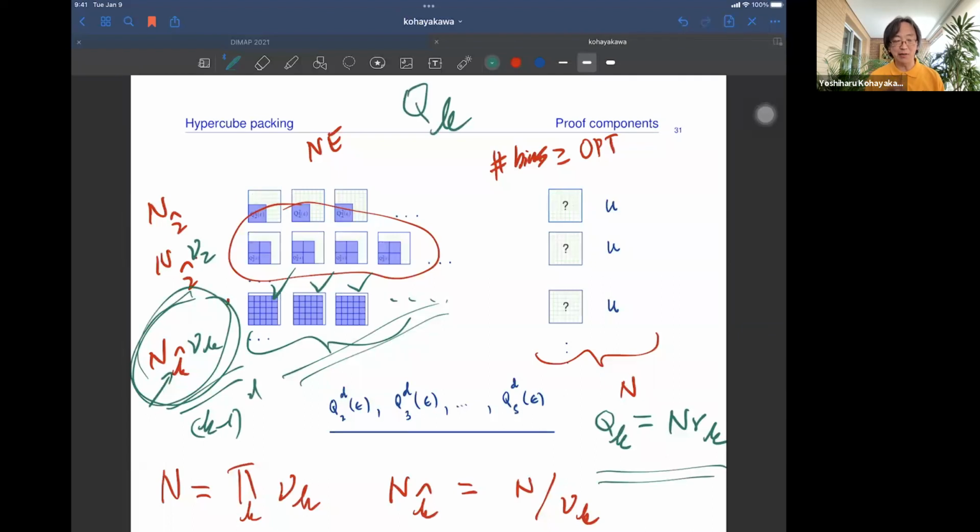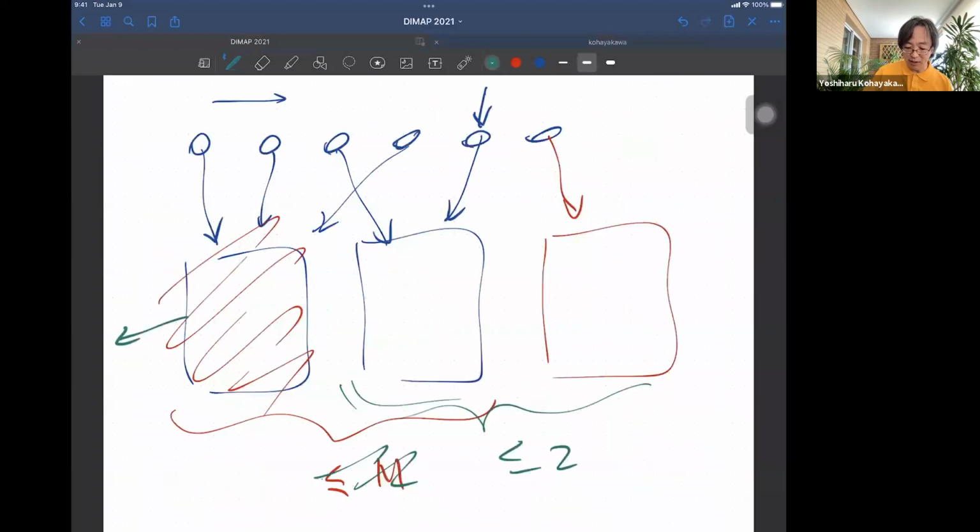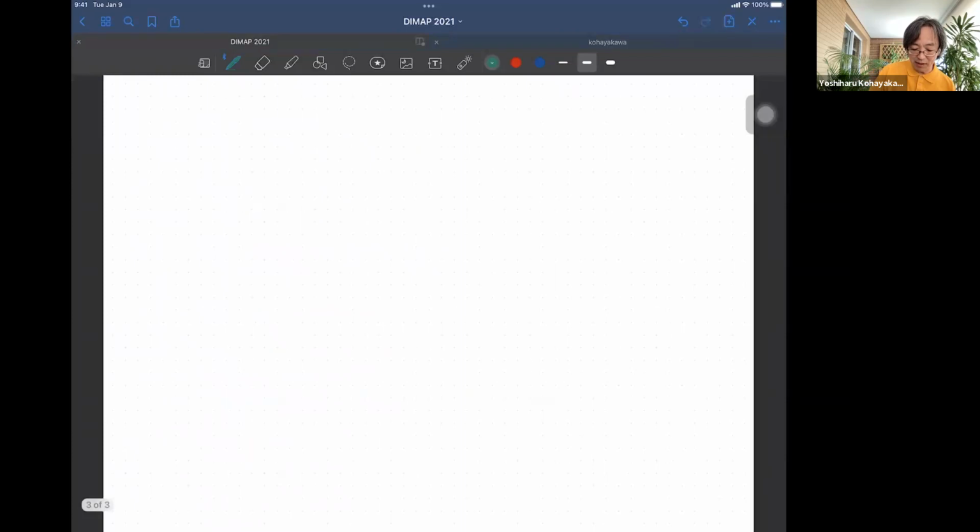We already claimed that on the left you have a Nash equilibrium. On the right, I have these packings. So the cost of this is what? It is the number of bins I have on the left divided by big N, right? So on the left, I said you have N K hat nu K copies in each row, and you sum over K, right?